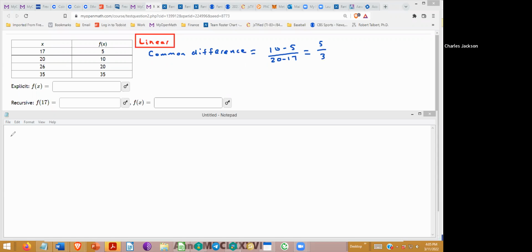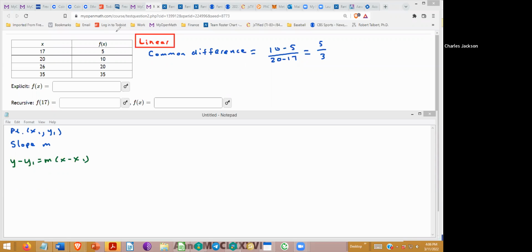Now, let us get an explicit formula. We could use point slope form. The equation of the line passing through the point x sub 1, y sub 1, and having slope m is y minus y1 equals m times x minus x1.